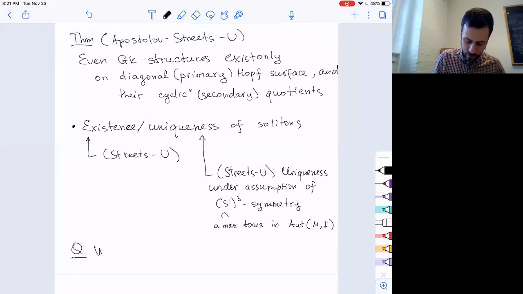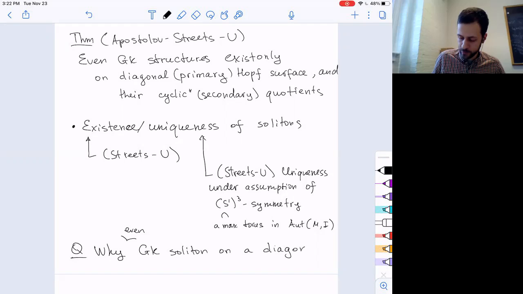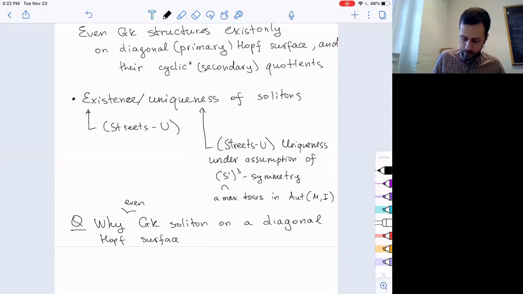Question: why is an even GK soliton on a diagonal Hopf surface necessarily invariant under a maximal torus? Let's consider the diagonal case first, since this is the essential one.